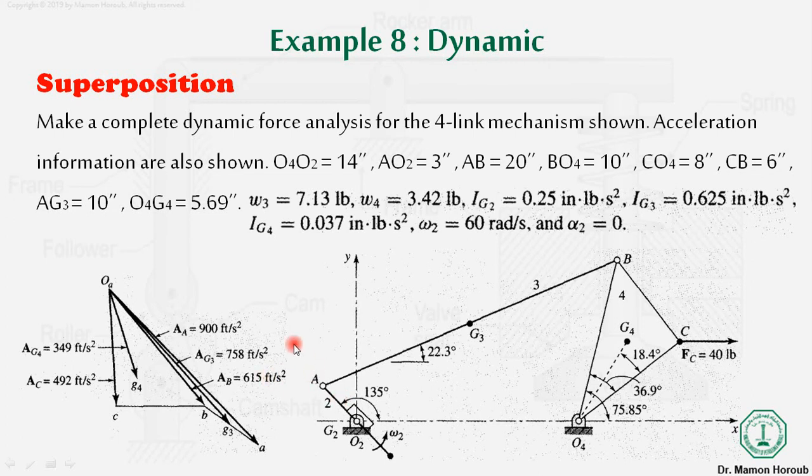We find F32 once we have the free body diagram and the force analysis for link 3. Actually we find F23 from there when we do the force analysis for link 3, and we know that F23 is equal to F32. So from here we also have the line of action.